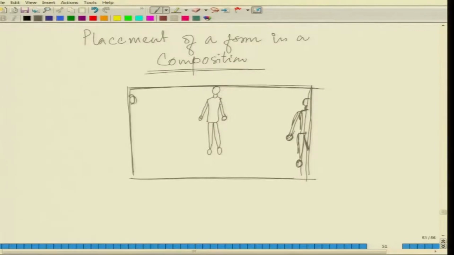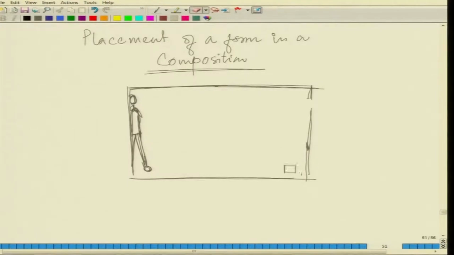If we have a form at another point and remove all other forms from the same composition, it may not look much stable, because it will get an order.